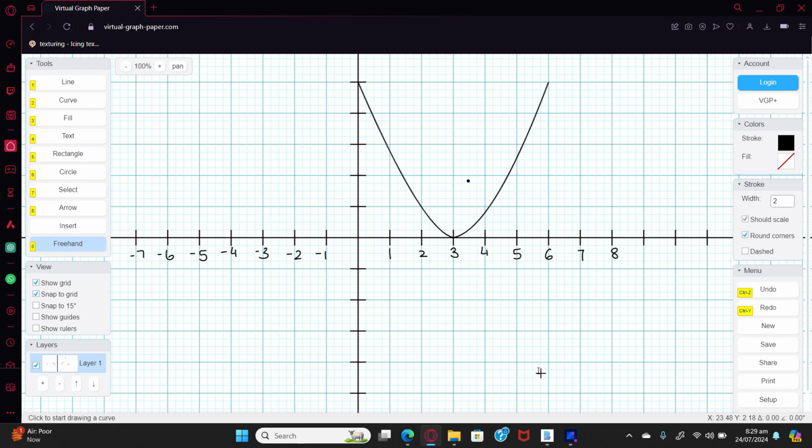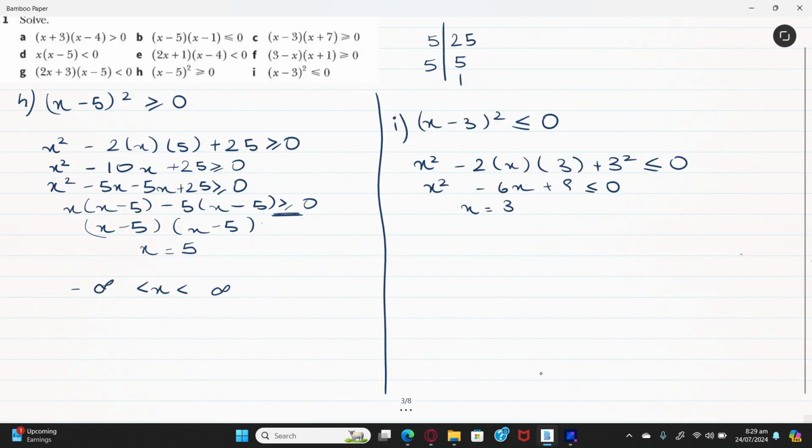However, they've also asked for the value which is equal to 0, which is actually touching the x-axis, at the point when x equals 3. So we will directly write that x equals 3 is our answer, because they've asked for the value equal to 0 and we have that value, which is 3. However, there is no value which is lesser than 0, so we are not going to write that. That's basically it, and this fulfills our requirement for part I.